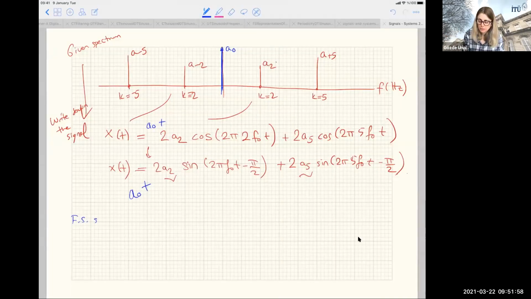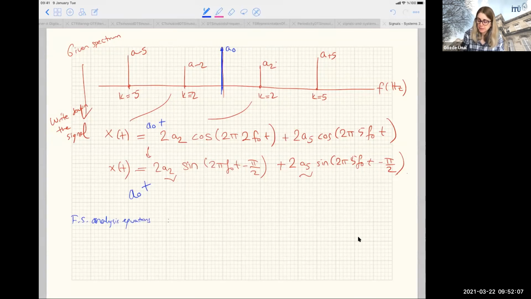So I think there was a good question at the last point before the break, guys. So what is A0, by the way? Fourier series synthesis or Fourier series analysis equations.